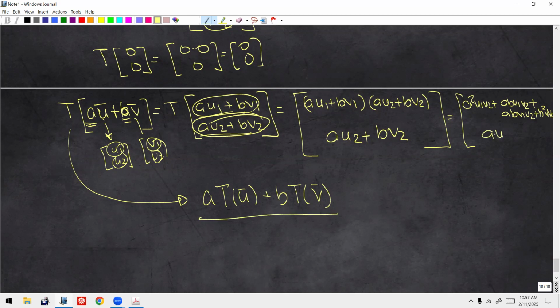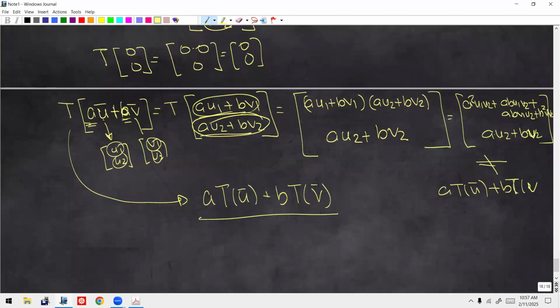And on the second row, we just get this. Okay? So this is clearly not equal to this. If it was, then it would give us that. Okay. And when I say not equal to this, what does this look like? So let me show you what this looks like.